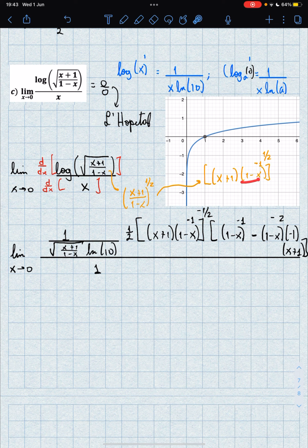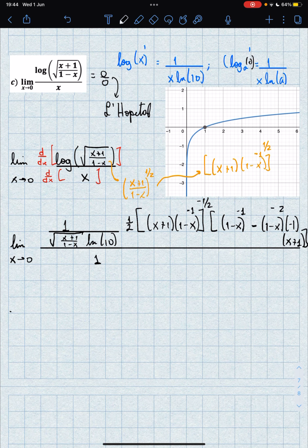So at the end, it's going to be multiplied by 1 minus x to the minus 1 minus, and I have to derive this. So this minus 1 goes over here, right? And we're going to have 1 minus x to the minus 2 multiplied by minus 1. Why minus 1? Because of this structure that we have over here, and multiplied, of course, by the x plus 1. Perfect, guys. So we're there.